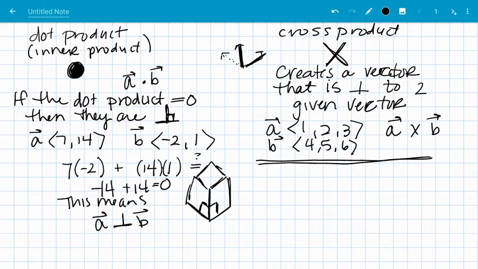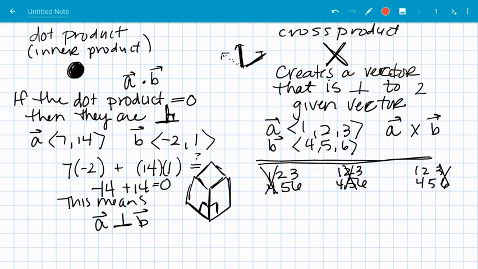So you're going to write these on top of each other 3 times. So 1, 2, 3, 4, 5, 6. And do it again. 1, 2, 3, 4, 5, 6. 1, 2, 3, 4, 5, 6. Okay. And then in the following order, you're going to cross off the first number, the middle numbers, the last numbers. Okay.